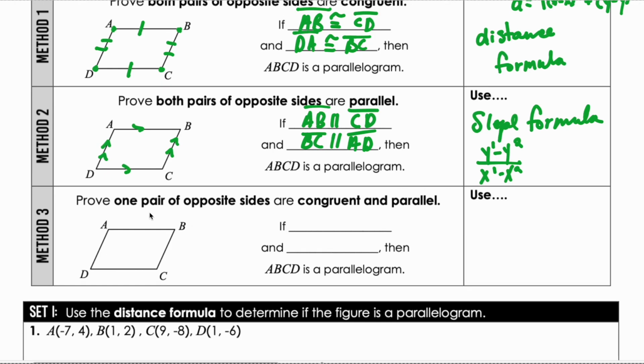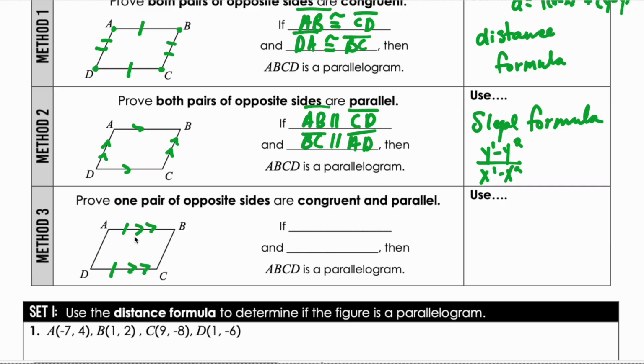Now, we can also prove that one pair of the opposite sides are congruent and parallel, meaning you don't have to prove that AB is parallel to CD and then BC is parallel to AD, where we have to prove that all four sides are parallel, right? But if we are able to prove that one pair of the sides are parallel and congruent, that also works, meaning AB is congruent with CD and AB is parallel to CD.